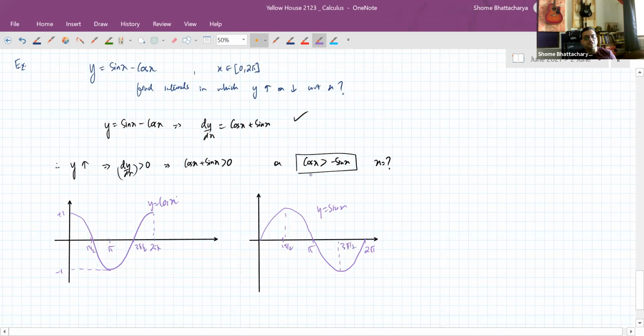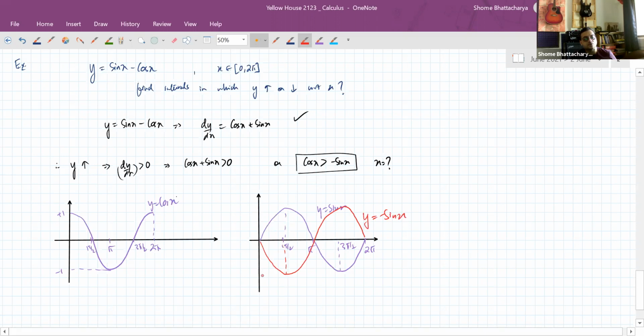Okay. But interestingly, we are comparing cos x with minus sin x. So let's convert this to the minus sin x graph. So how will the minus sin x graph look? Just take the mirror image of this. This is the graph of y equal to minus sin x.